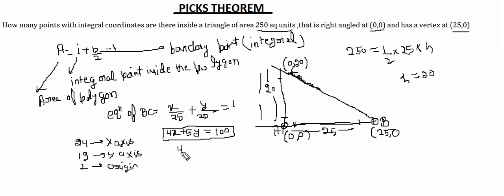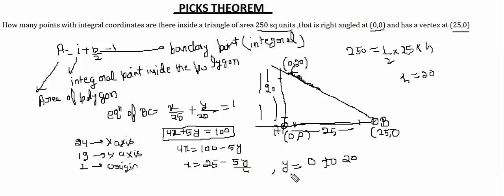So let's start checking this. 4x is equal to 100 minus 5y, so x will be equal to 25 minus 5y by 4. So y will vary from 0 to 20, because when you put y equal to 0, then x will be 25. When y is 4, x will be 20.